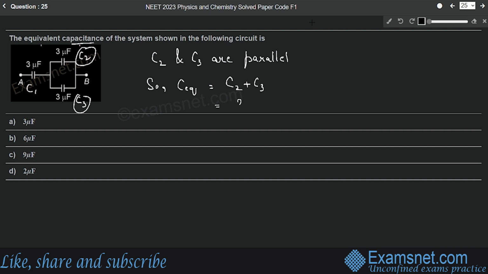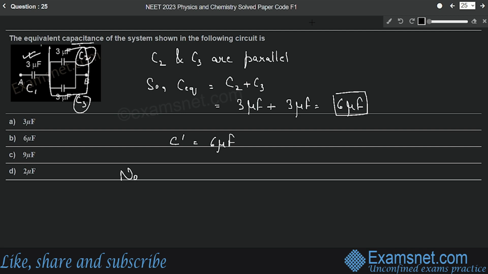So C2 is 3 microfarad, C3 is 3 microfarad. So the equivalent will be 6 microfarad. Okay. Now let's say this is C dash. So C dash is 6 microfarad. Now we can see that this equivalent is in series with C1. Okay. Now C1 and C dash are in series.